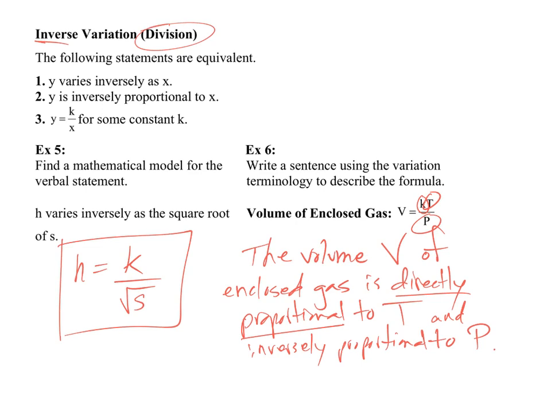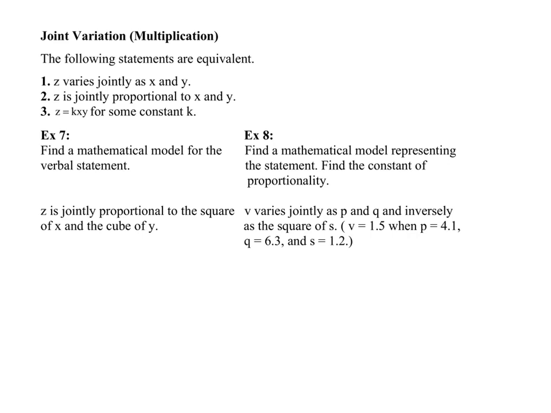Going on to the next example. Joint variation. Joint variation just means you're including more variables, and all you're doing is multiplying. So once again, 3 ways of stating the same idea. Example 7, find a mathematical model for the verbal statement. Z is jointly proportional.